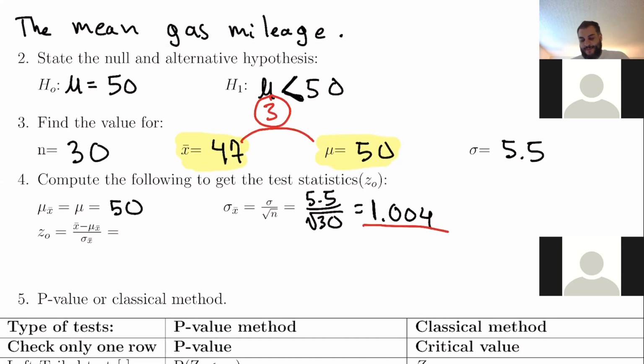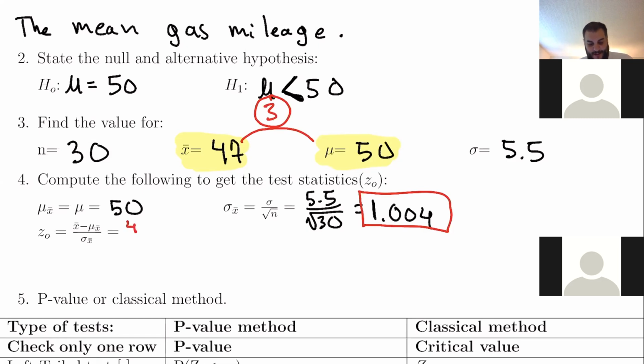Sigma of x bar is telling you that you have a standard deviation of x bar of 1.004. So if I have a difference of 3, and normally we have a standard deviation of 1.004 for a sample size of 30, it's telling us we're going to have a z-score over 2 standard deviations. So this difference of 3 miles per gallon is a significant difference. Let's actually find the z value.